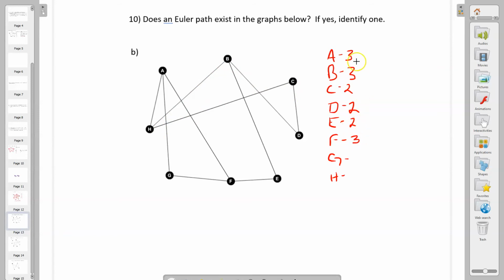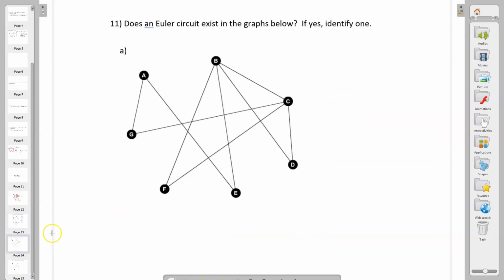As soon as I get to that point, I realize I've got 3 vertices that have an odd number. The rule is that for an Euler path, only 2 of the vertices can have an odd number. In this case, we've already gotten to 3 vertices with an odd number, so we know we're not going to have an Euler path. Just out of curiosity, the degree on G was 2, and the degree on H was also 3. So the answer here is that there is no Euler path.